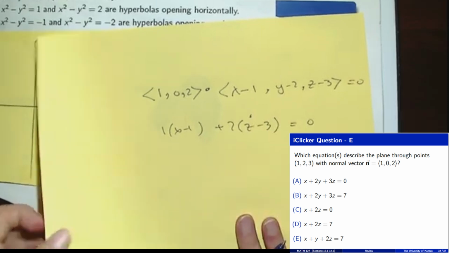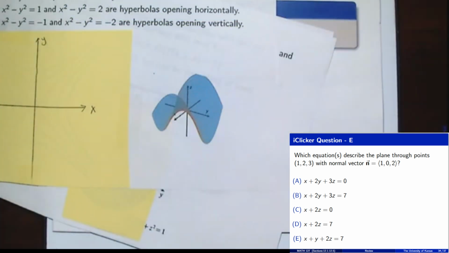What's the answer? Okay. Some of it I want you to answer very quickly. This is one of them. Are we ready? Yes? Countdown. 4, 3, 2, 1, 0.